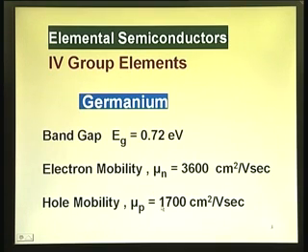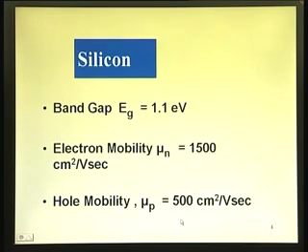So, if mobility were the only criterion, we would have used germanium all through, but we pointed out last time why germanium lost its way in the integrated circuit. Hole mobility of course is 1700 centimeter square per volt second. This is just for completeness' sake. Now, take the more important fourth group semiconductor, that is silicon.